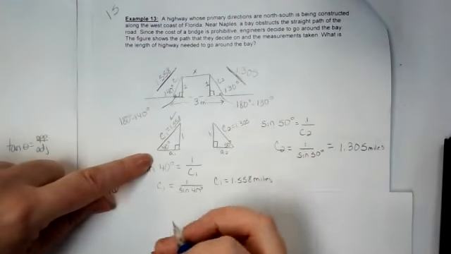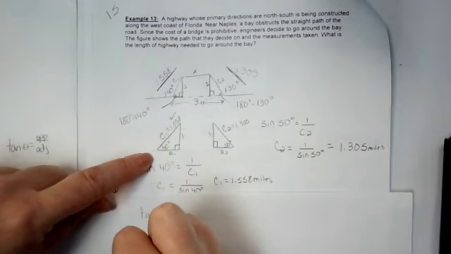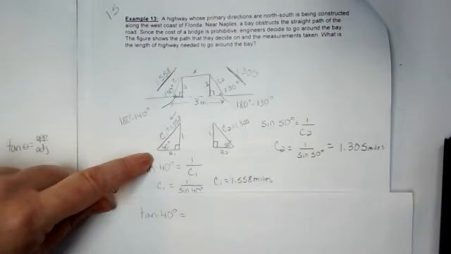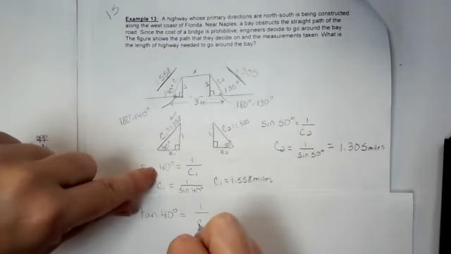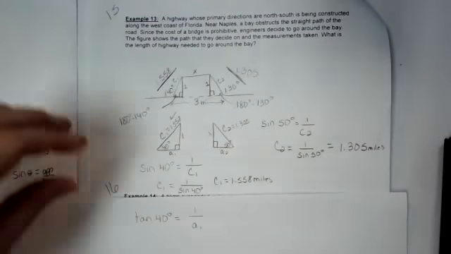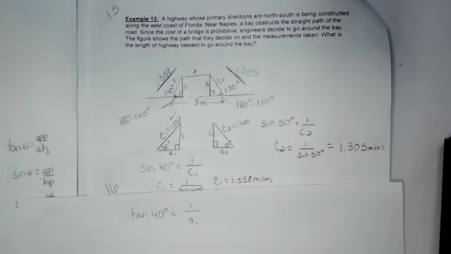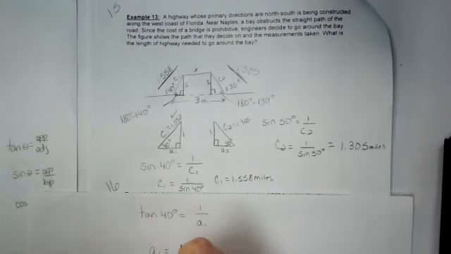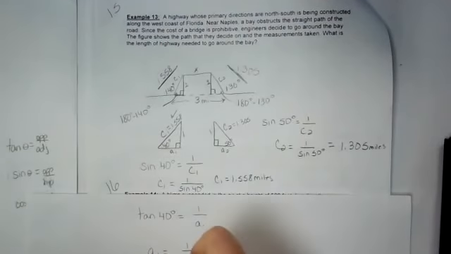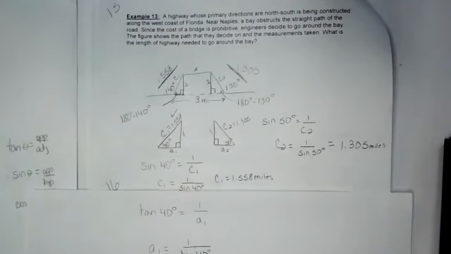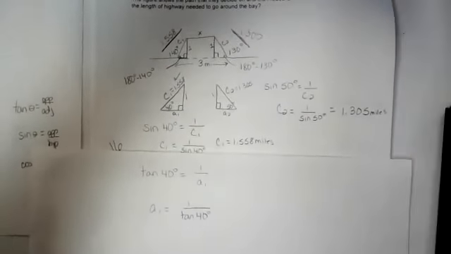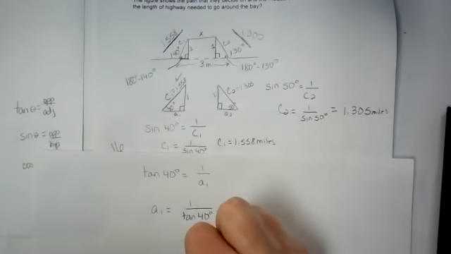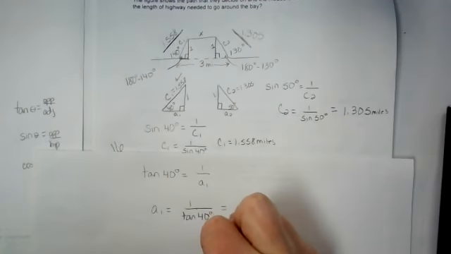So if I take the tan of 40 degrees, and that's the opposite over the adjacent, I can find A1. I'm just going to switch these 2, and A1 is 1 over the tangent of 40 degrees.